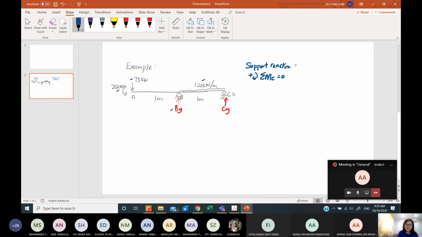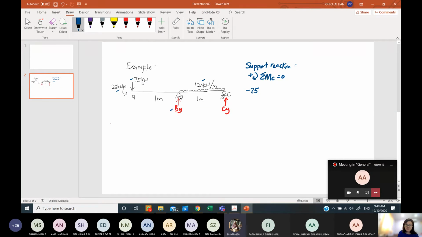Can we start with 25? Is it positive or negative? 25 is negative. Then 75 is negative or positive in this case?